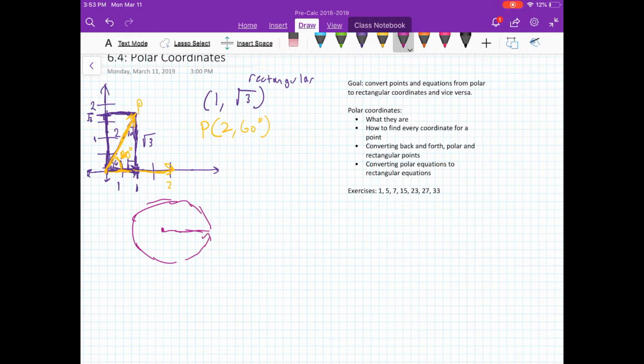The center point is kind of like a pole sticking out of the center of the page, and we're wrapping around it like a tether ball would wrap around a pole. That's where this name came from. We thought, well, why don't we just call this a polar coordinate? When we consider it in this way, of a certain distance, a certain radius, and then a certain amount that's been wrapped around the radius, we can call this a polar coordinate.